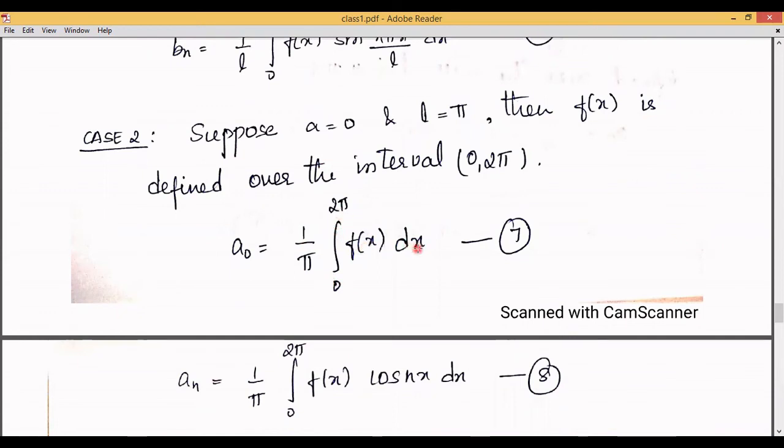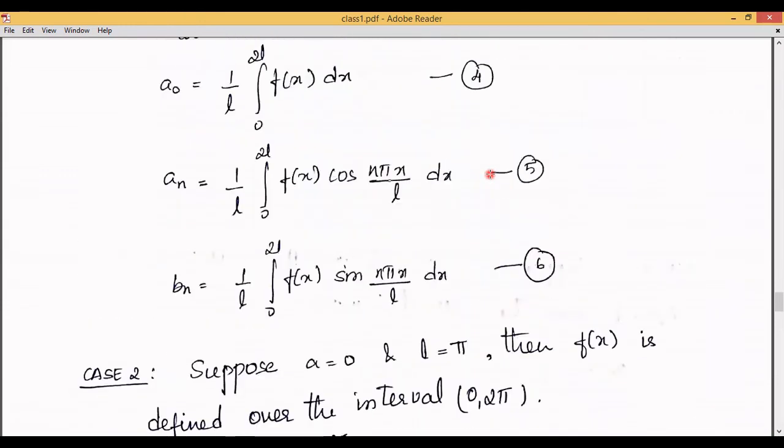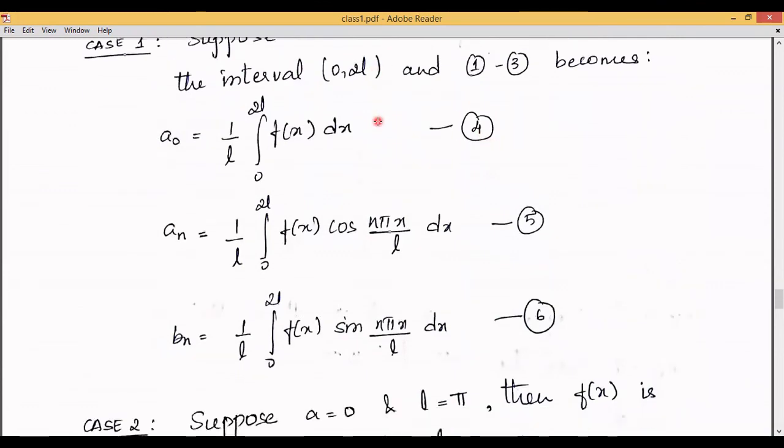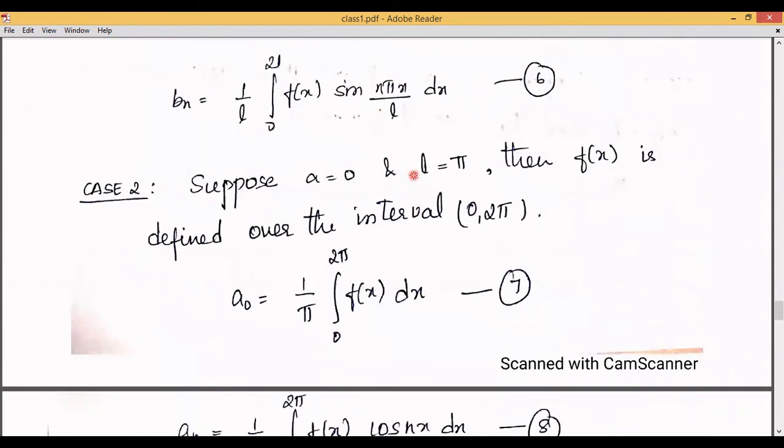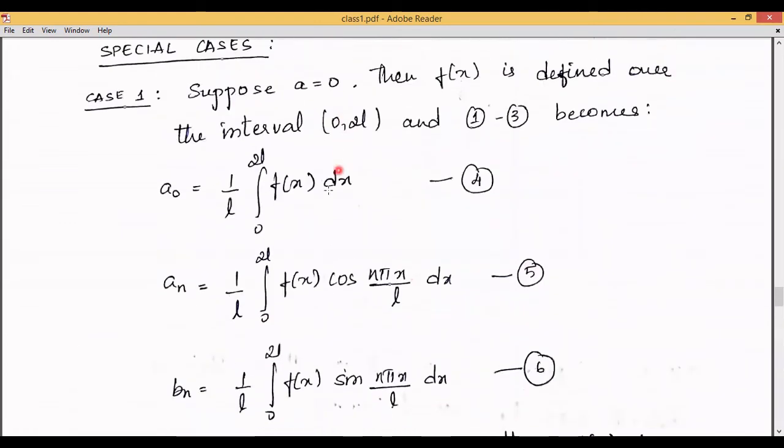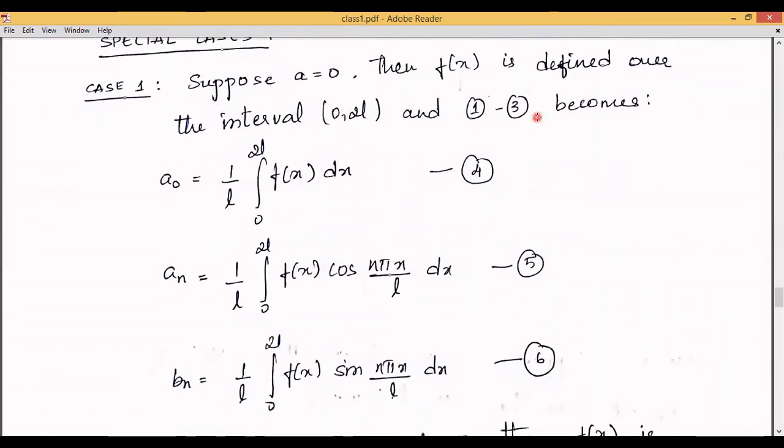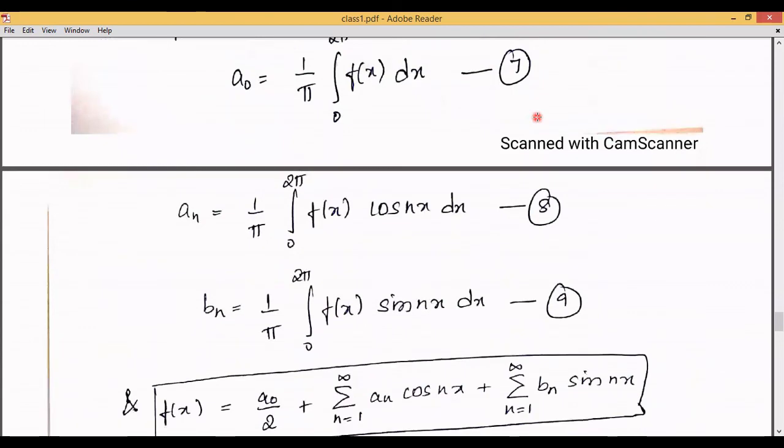So here your f of x is defined over the interval 0 to 2 pi. See here, the previous case was for a equal to 0, and this is for a equal to 0 as well as l equal to pi. So you just substitute l equal to pi in the previous case, and you will get the formula for the 0 to 2 pi interval. This is how it looks.